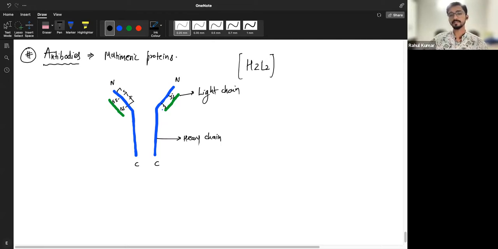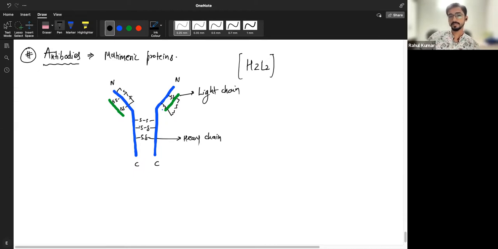So this sulfide linkage joins every part of the antibody. So the long chain with the long chain, the long chain with the short chain, the short chain with the short chain itself. So all these linkages are sulfur linkages. Is it clear? But overall, the structure remains like this.